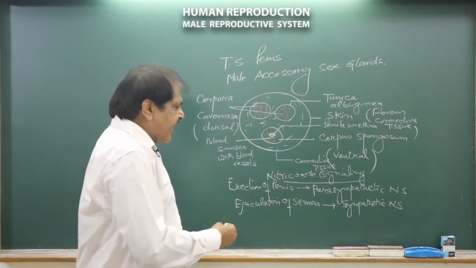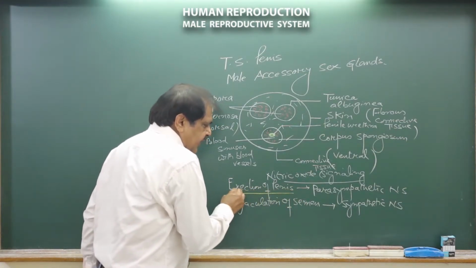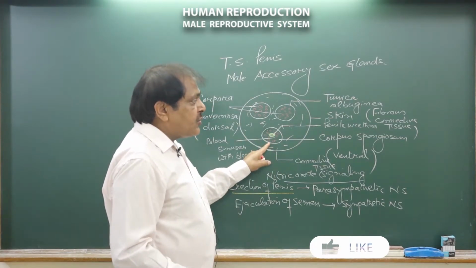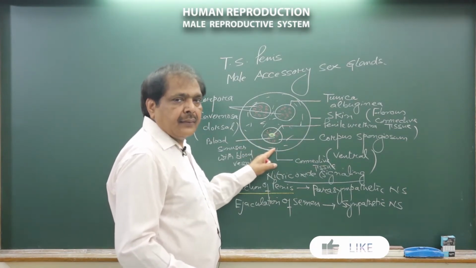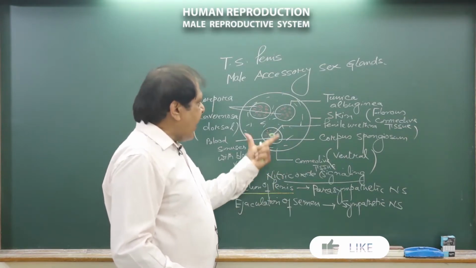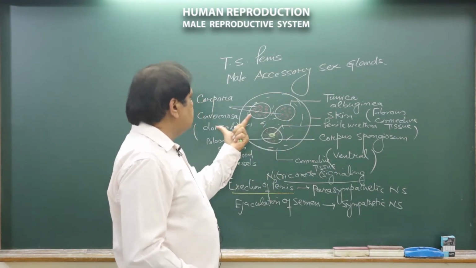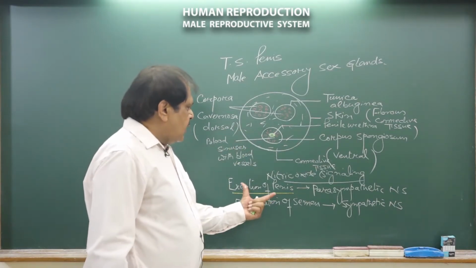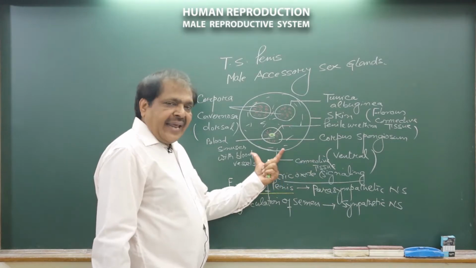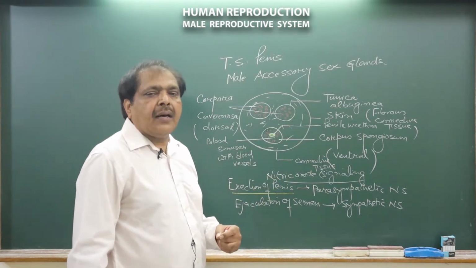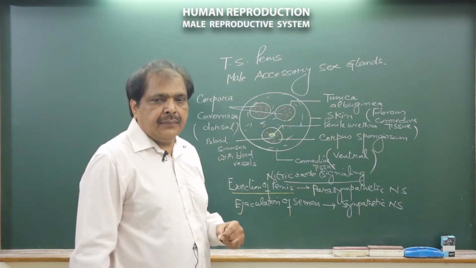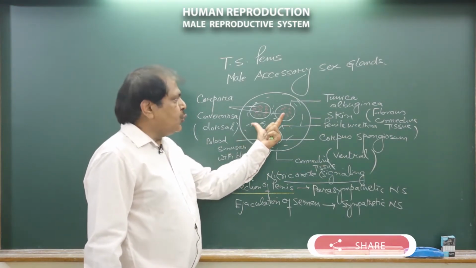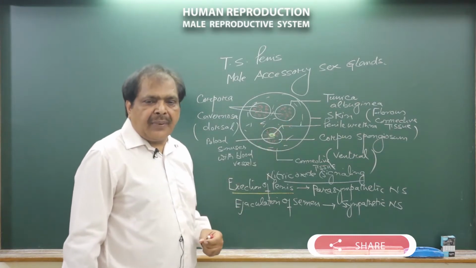Again, erection of the penis: this corpus spongiosum is highly vascular as compared to the corpora cavernosa. Now this erection of the penis occurs due to the rush of blood in the erectile tissue due to the presence of a large number of blood vessels.